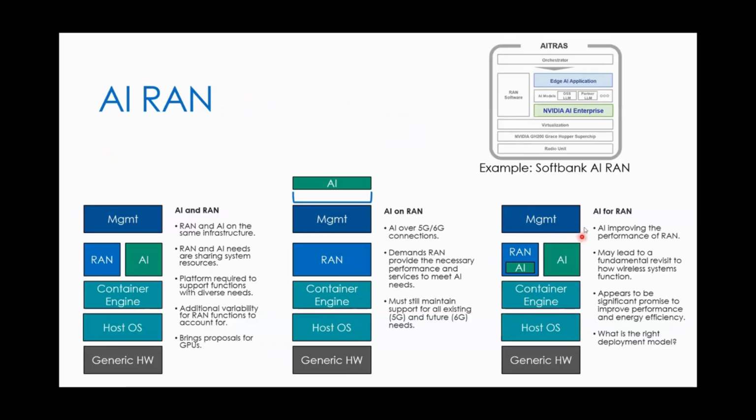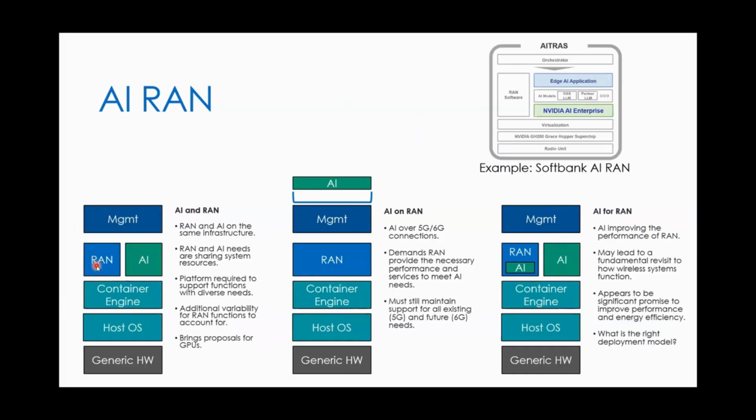Then just a little bit on AI RAN. Again, the hottest topic by far. You won't go to any conference that doesn't talk about AI RAN and how we're going to apply all this stuff. And there are a few particular models when it comes to RAN of how AI is expected to play a part. You may have heard a bunch of these terms already. There's AI and RAN, and really that just means I have AI and RAN on the same infrastructure.